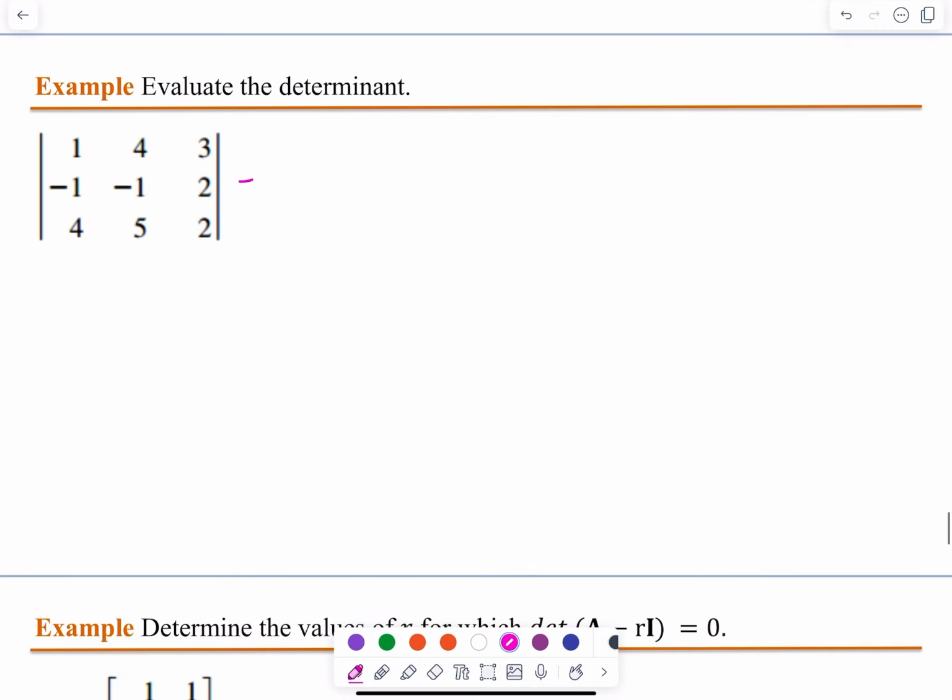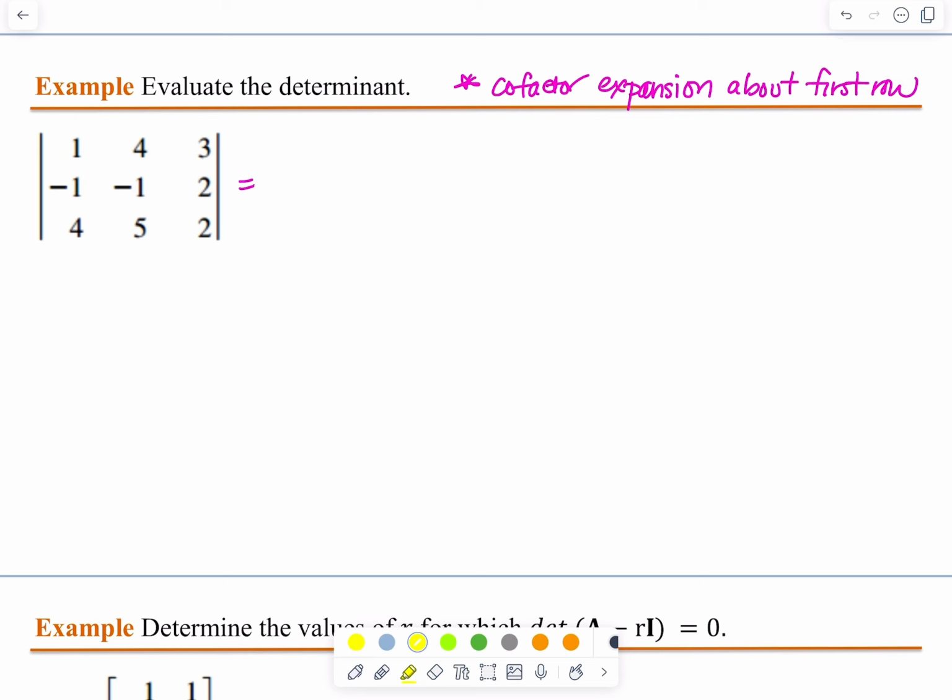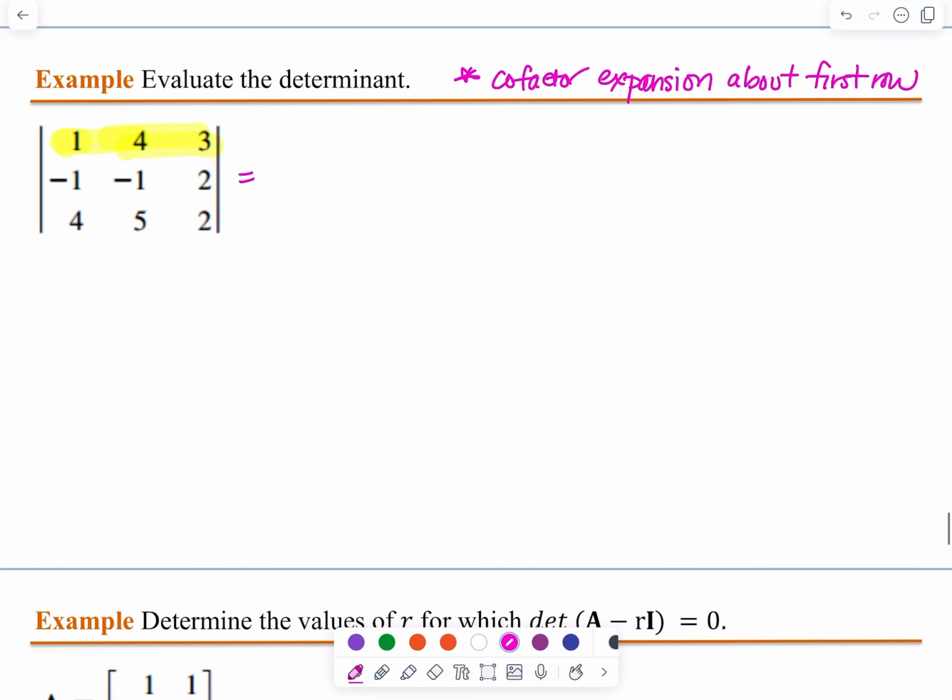And here, let's go ahead and find the cofactor expansion about the first row. So it's going to be a cofactor expansion about this row here, 1, 4, 3, that first row. So what we're going to have is 1 multiplied by the matrix negative 1, 2, 5, 2.